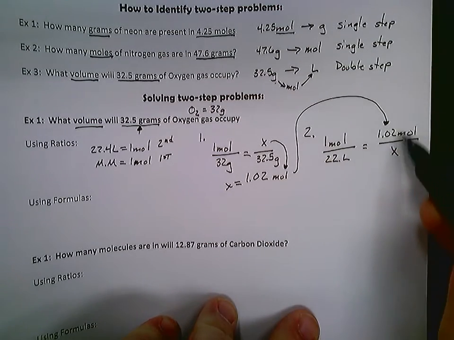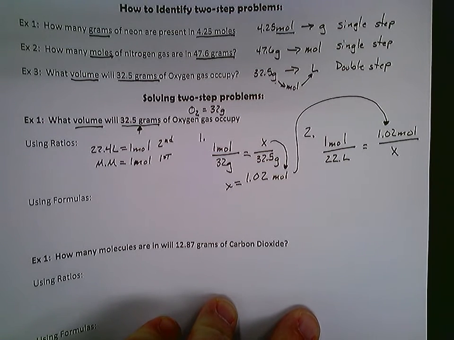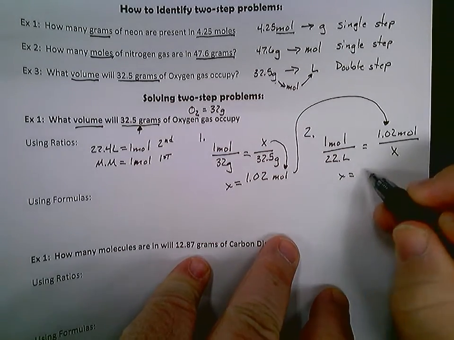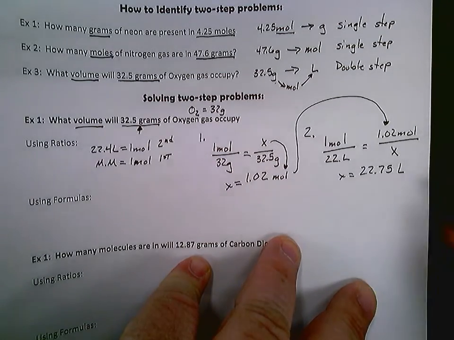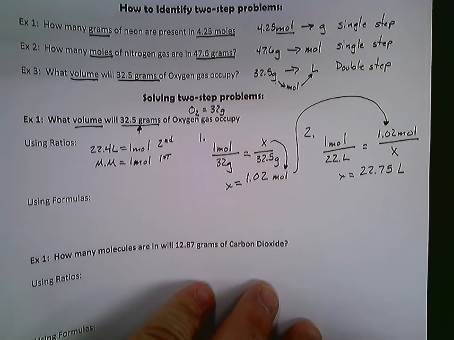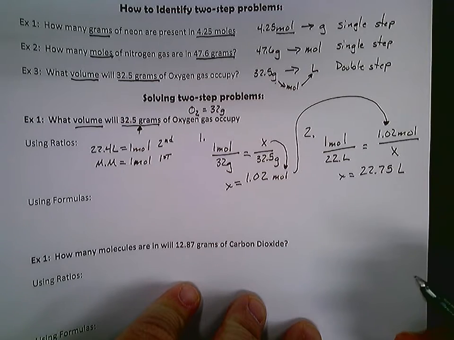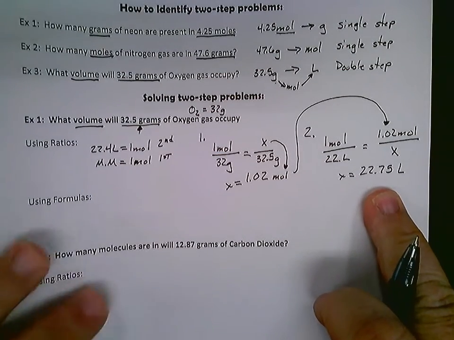We're then going to use that in this portion, and now we're going to solve again, and we're going to end up with 22.75 liters. Again, I'm not going through each and every step, but this is often the case with stuff like this, where we have to solve for one thing before we can actually solve for what we want.